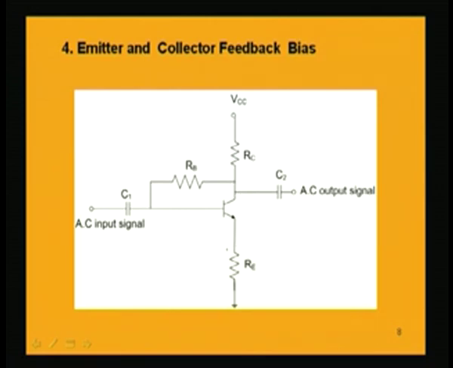So, this scheme has both the aspects of collector feedback bias as well as emitter bias or self bias. When you apply this biasing scheme to a common emitter transistor amplifier, the whole circuit for the amplifier will be like this.